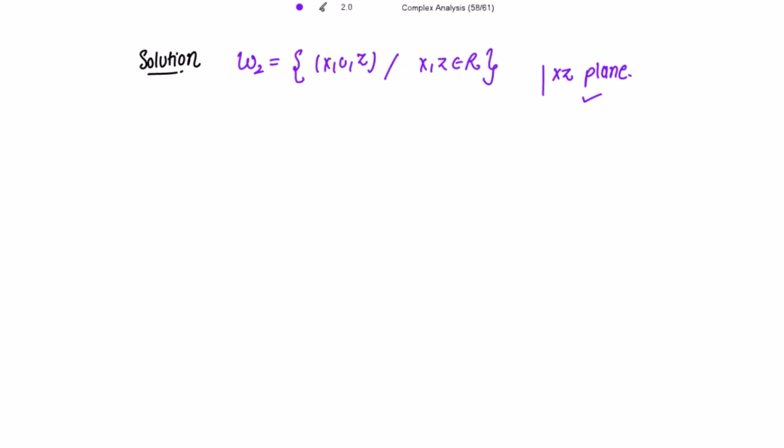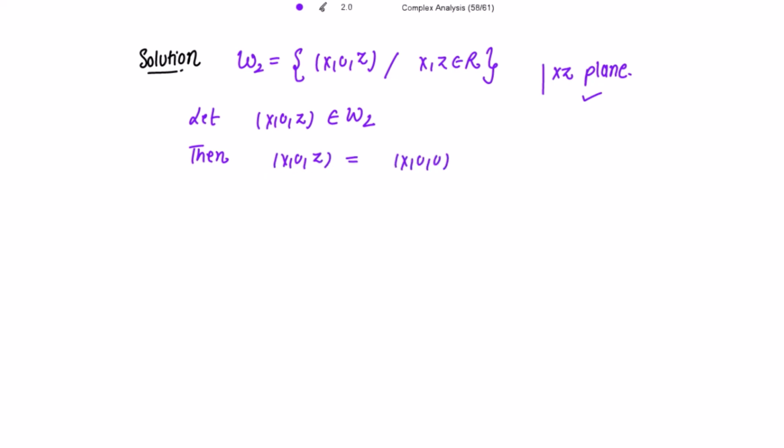To get the basis of subspace W2, first we need to find the vectors that generate W2, right? Let's take one element from W2, and that element be (x, 0, z). Now as W2 is a subspace, we can write this element as (x, 0, 0) plus (0, 0, z).